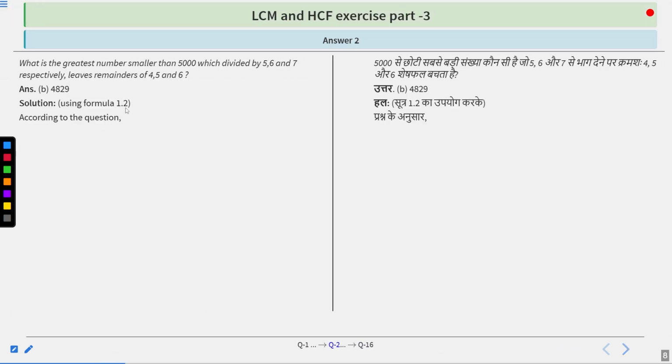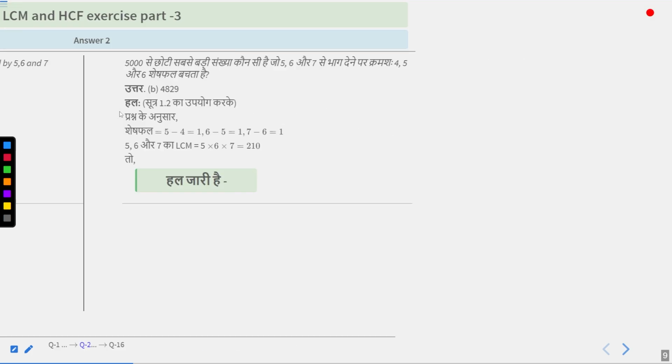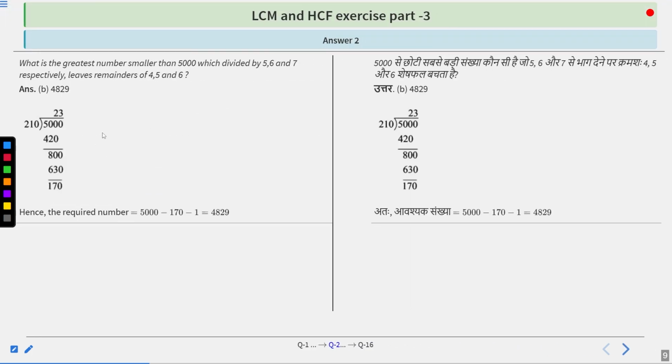Now, according to the question, the number should be smaller than 5000. But here the difference between 5 and 4, 6 and 5, 7 and 6 is 1. So we are getting the same difference every time. And LCM of 5, 6 and 7 is 5 into 6 into 7, that is 210. Now by using formula 1.2, but before that we have to keep in mind that the number should be smaller than 5000.